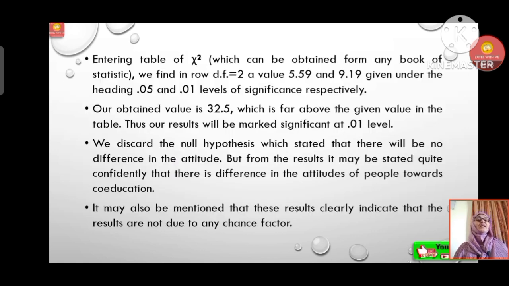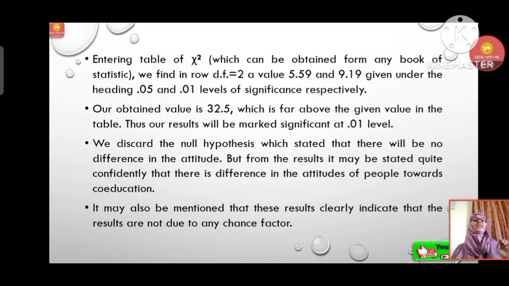Now entering the table of chi-square, which can be obtained from any book of statistics, we find in the row where degree of freedom is equal to 2, the values 5.99 and 9.21 given under the headings 0.05 and 0.01 levels of significance respectively.